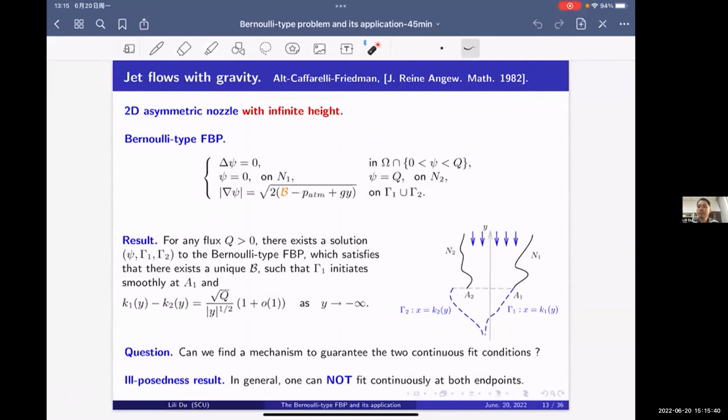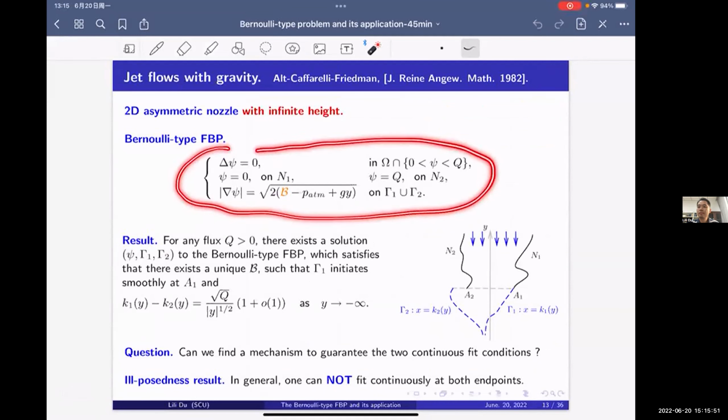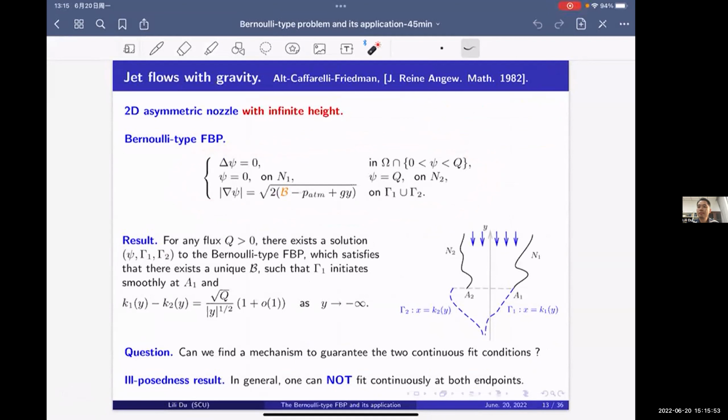However, on the other side, for the 2D non-symmetric case, they also consider the related Bernoulli-type free boundary problem. However, there are two non-symmetric free boundaries, gamma 1 and gamma 2. In the fluid field, in the 2D case, psi satisfies the Laplace equation with the Dirichlet boundary condition on the solid boundary, and on the free boundary it satisfies the Bernoulli-type free boundary conditions.